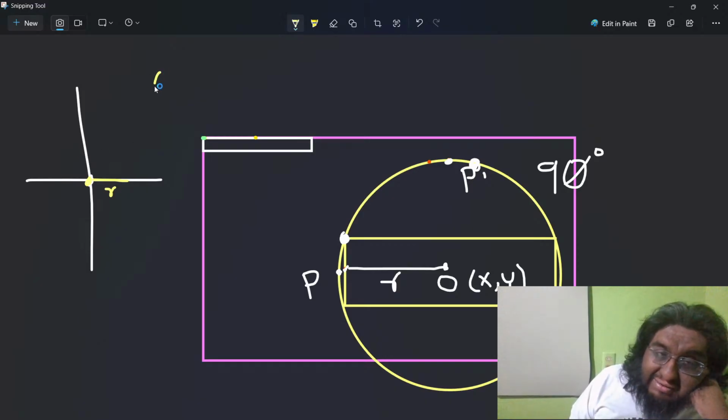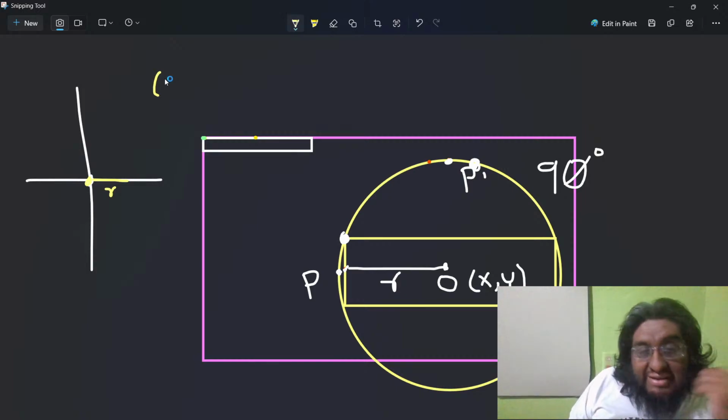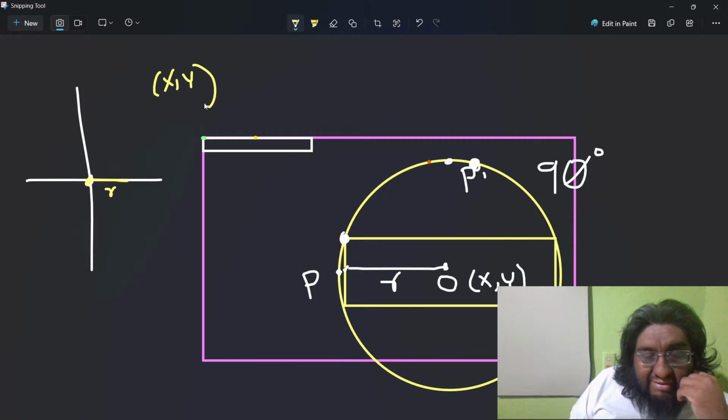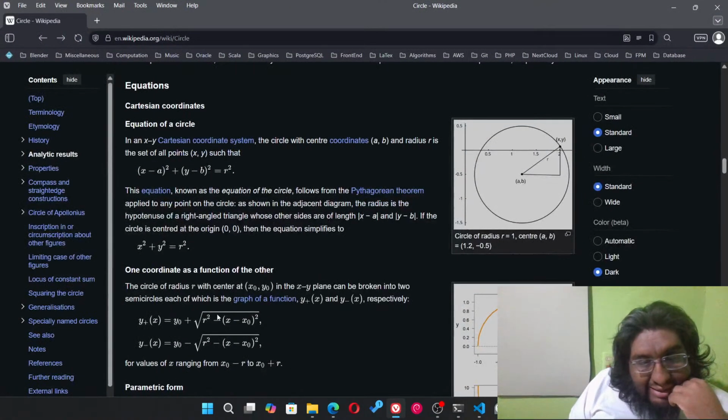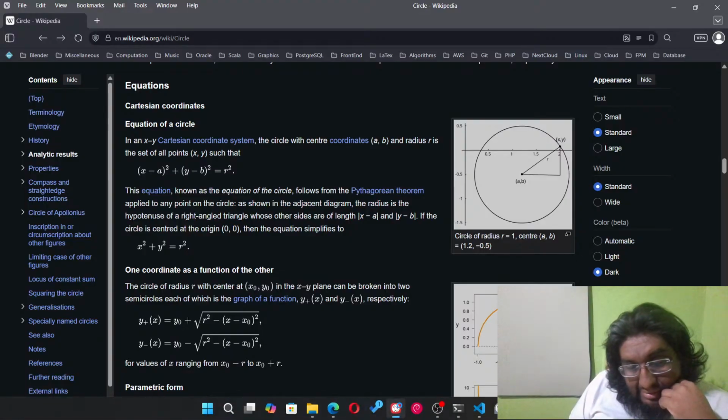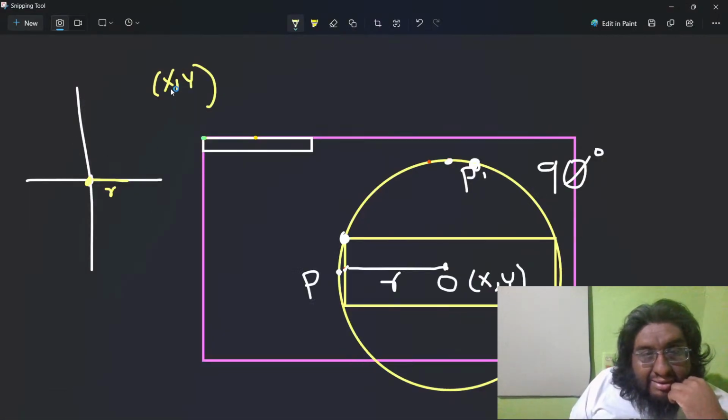And then given some coordinates, if the coordinates solve this equation, then this point belongs to the set of points that are over here.